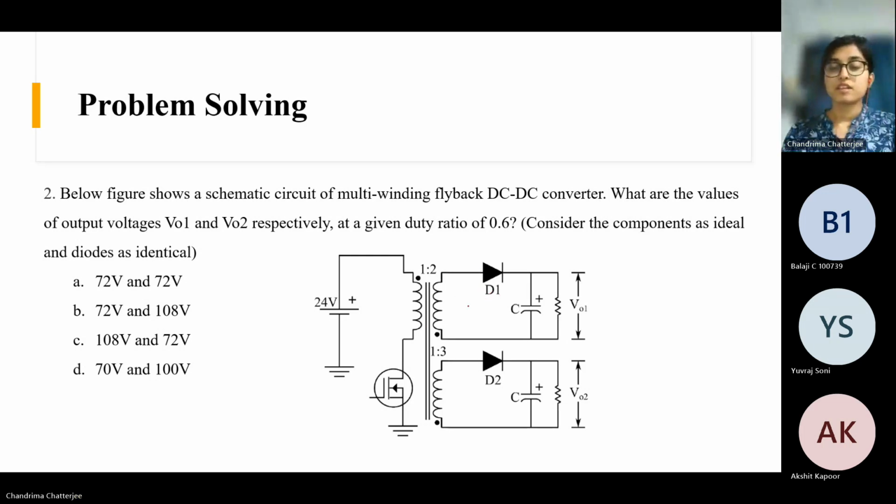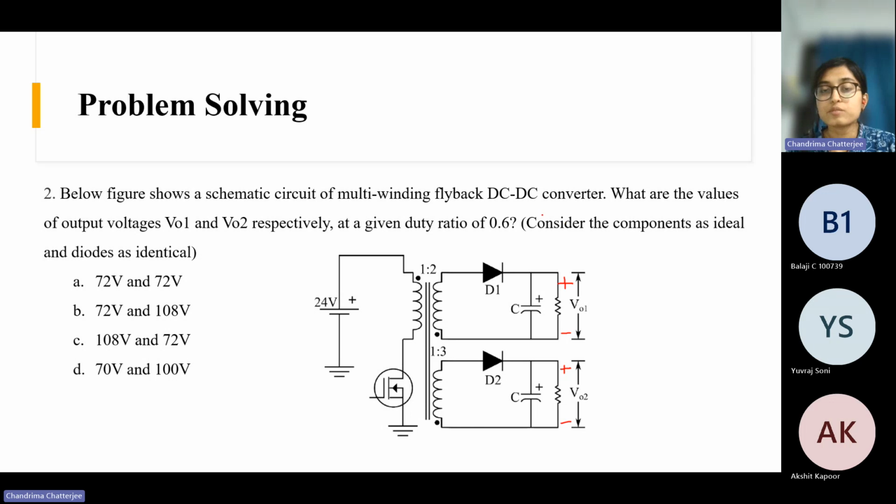But here there is an additional tertiary winding, and we get two output voltages, VO1 and VO2. These are called multi-winding flyback converters, where you get multiple output voltages. This is also very popular. If you see some application notes of Texas Instruments or Infineon, you will see this kind of topology with multiple output voltages.